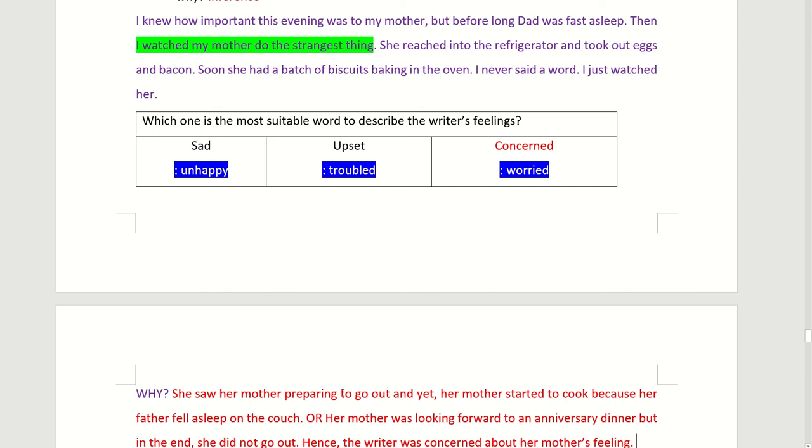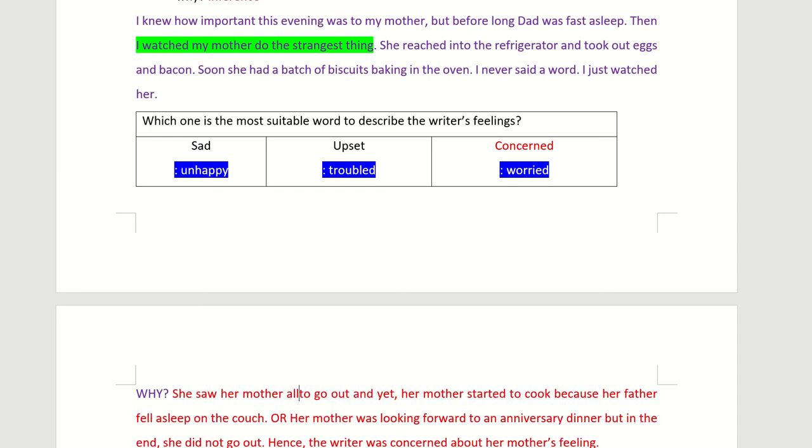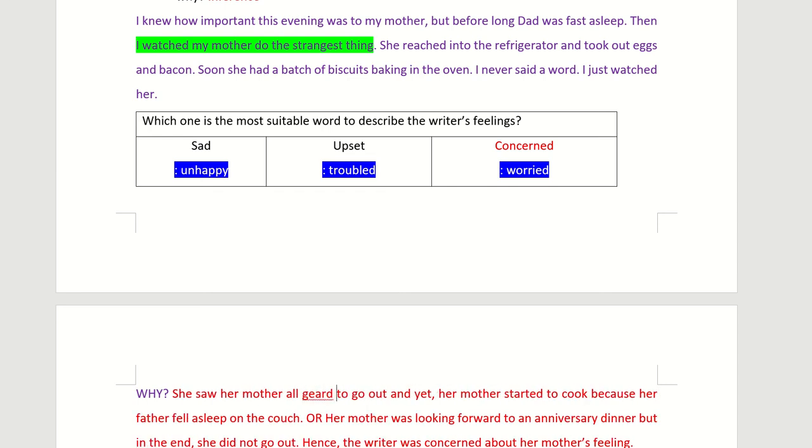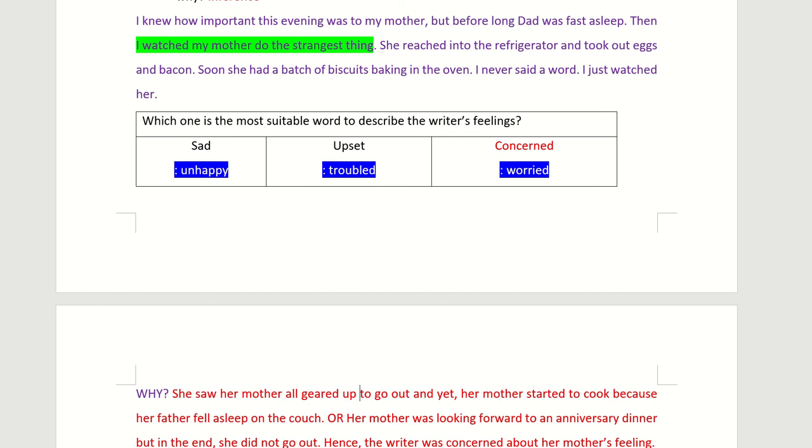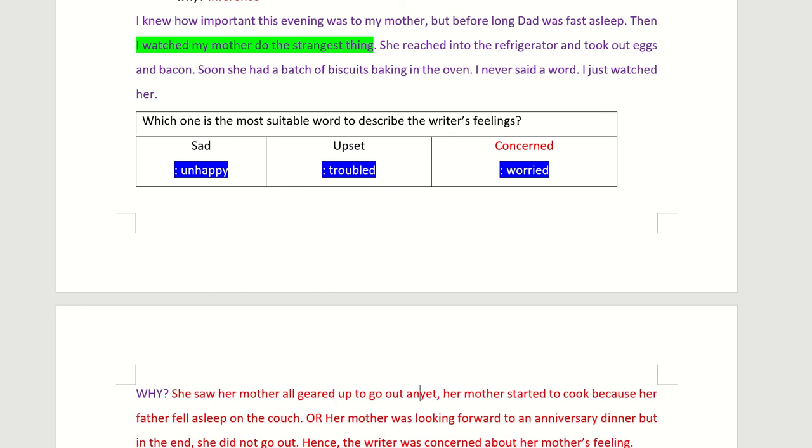Preparing so much. Okay. Maybe I can, in fact, I would like to introduce you to an even better phrase. All geared up to go out. Oh, I have a run-on sentence here. Yet her mother started to cook because her father fell asleep on the couch. Okay, what's the run-on sentence?